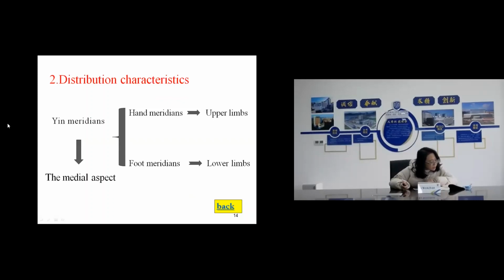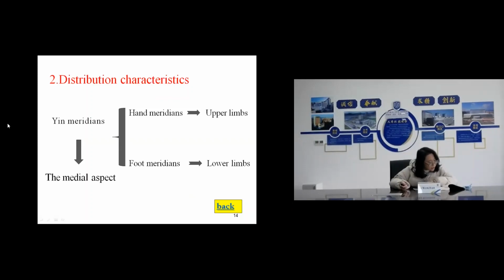The 12 regular meridians are distributed symmetrically at the left and right sides of the head and face, trunk and limbs, and go through the whole body. The 6 yin meridians are distributed on the medial aspects of the limbs and abdominal regions.